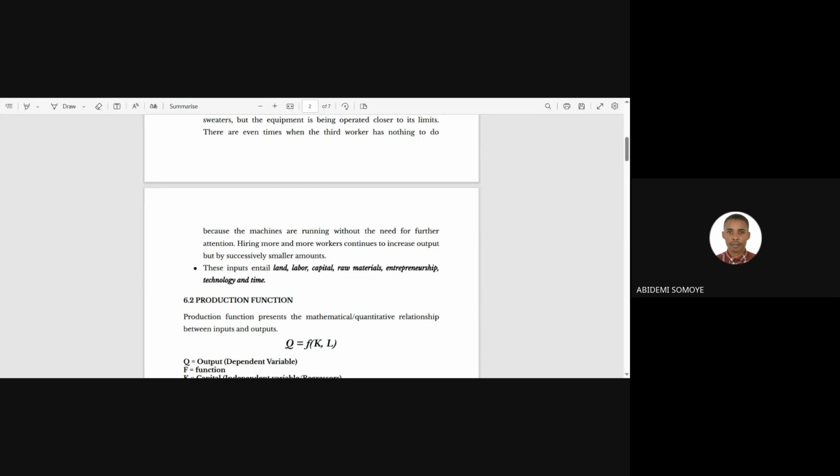Okay, Gary, what about the long run? So if the short run has a combination of a fixed input and an input that varies, what about the long run? Who wants to answer that? What about the long run?